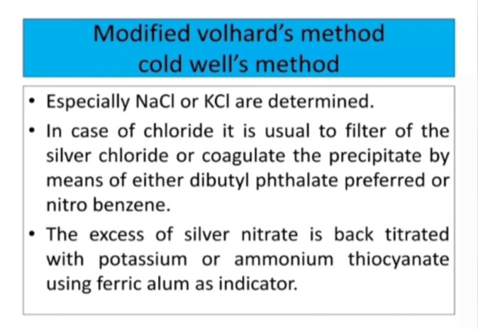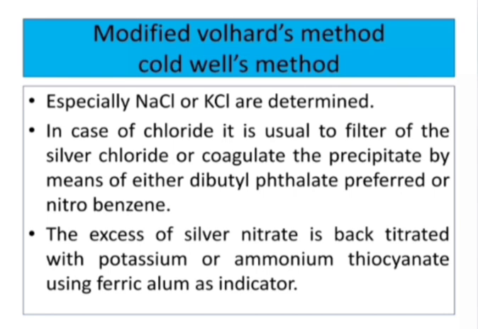Some moles of silver nitrate are consumed in the reaction with the NaCl, and the remaining unreacted silver nitrate is determined by titrating with the standard ammonium thiocyanate. In this titration, ferric ammonium sulfate, ferric alum, is used as an indicator.